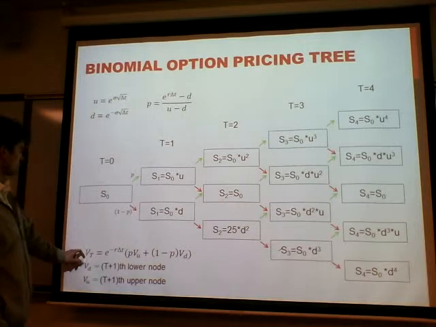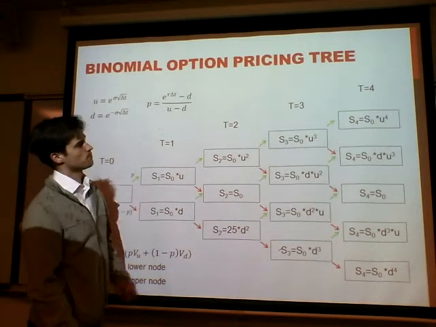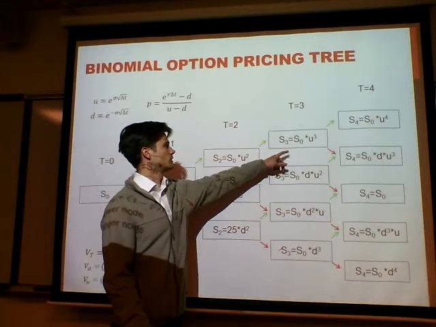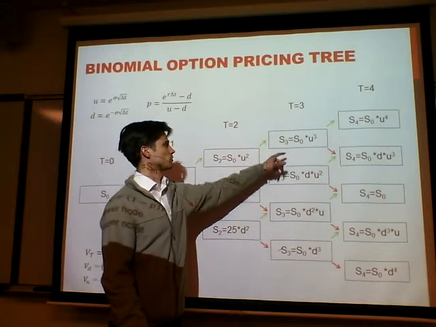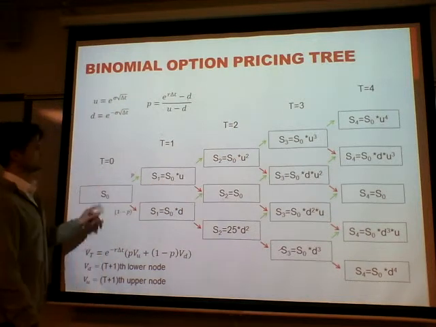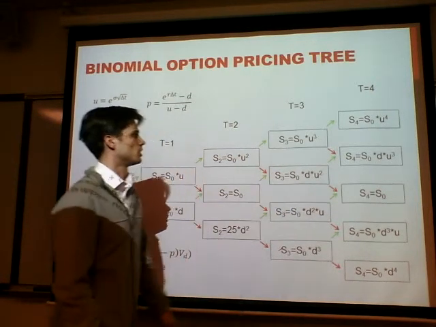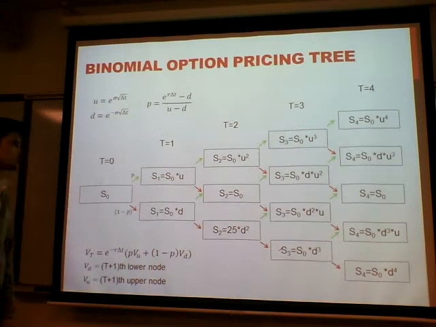So we're going to use this V_t equation to calculate the value of the option at t equals 3, t equals 2, t equals 1, and t equals 0. For t equals 4, we could just use the payoff equation that we're all so familiar with.